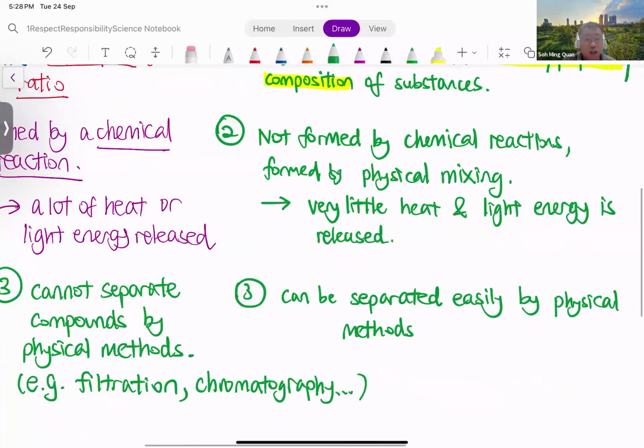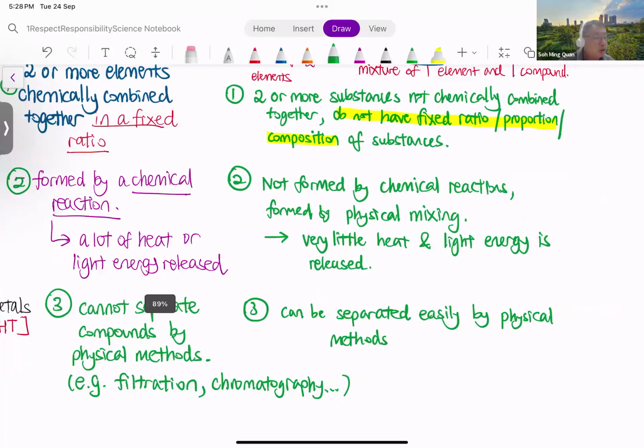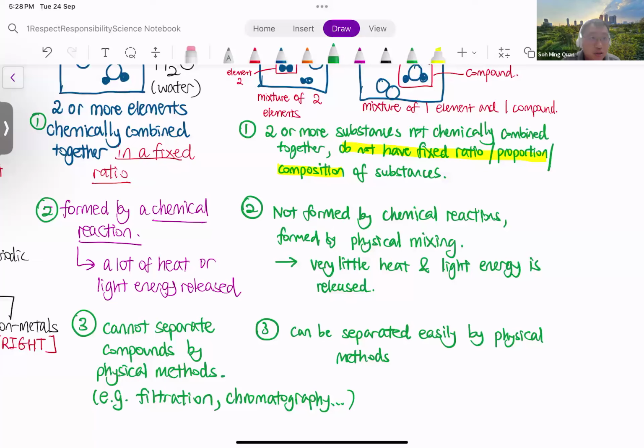Those are examples of physical methods. That's why in the next chapter, you will learn all the different methods for separating mixtures, filtration, chromatography, and so on. So these are the key differences between compounds and mixtures.